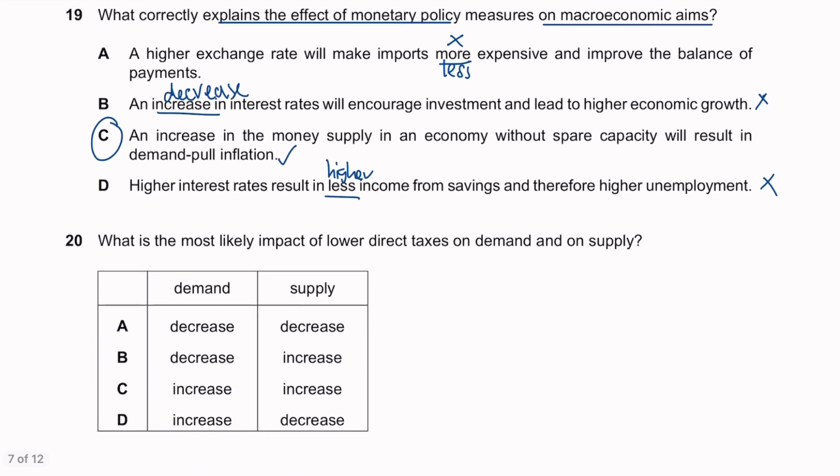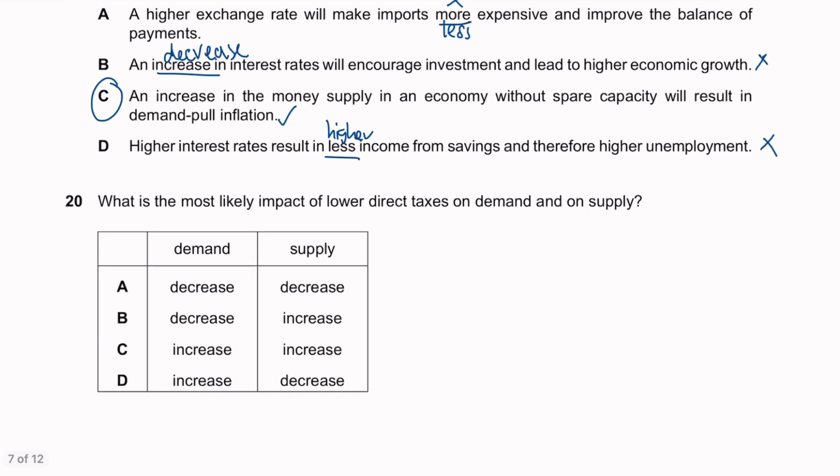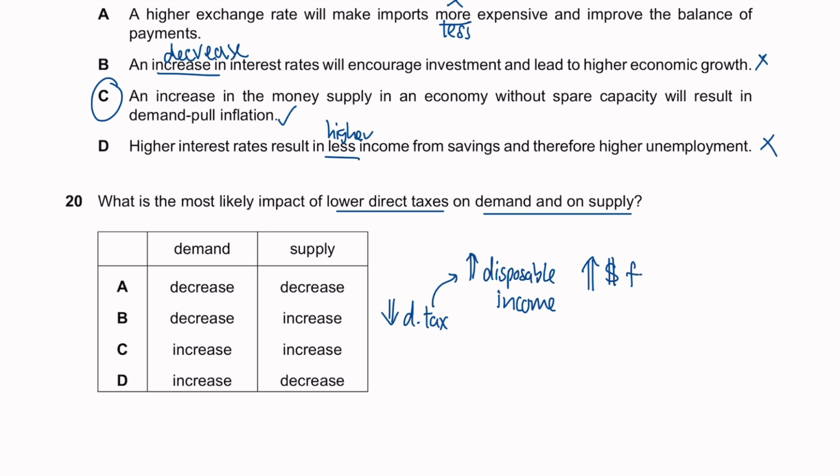Question 20. What is the most likely impact of lower direct taxes on demand and on supply? So let's see what's the effect on demand first. When you reduce direct tax, you increase disposable income. Disposable income is the income you get after you deduct all the taxes. This causes you have more money for spending right now.